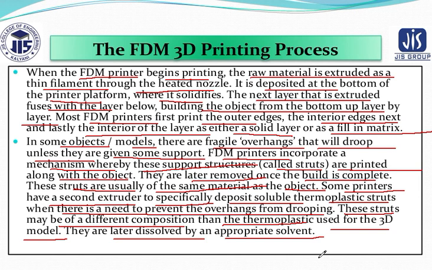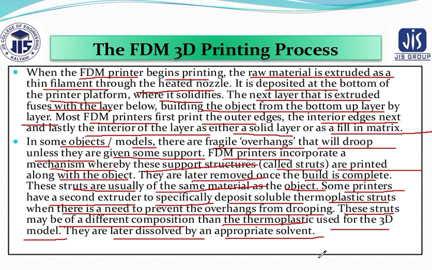Now there are some fragile overhangs that will droop unless they are given support. For this, a support structure commonly known as a strut, which can be vertical, inclined, or horizontal, is also printed along with the object itself.